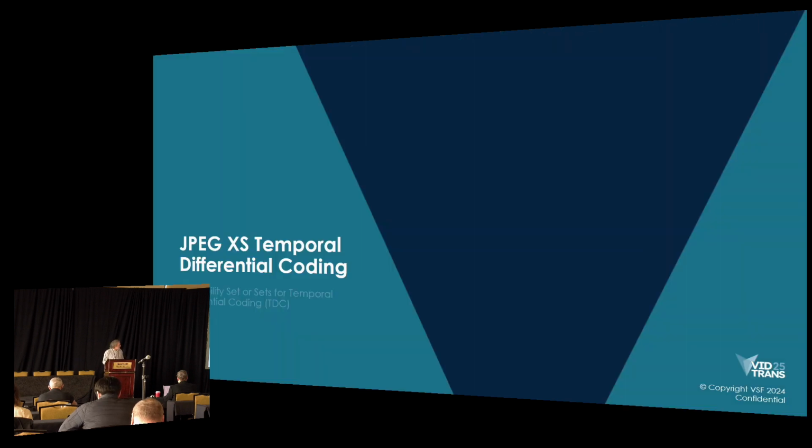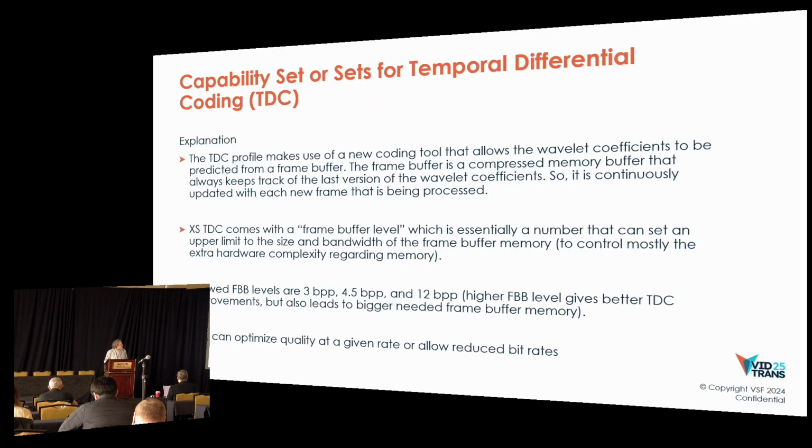So first piece of this, we'll just talk about the temporal differential coding. The main point here is that we want to add capability sets for temporal differential coding. Just wanted to explain briefly a little bit about TDC. This makes use of a new coding tool that allows the wavelet coefficients to be predicted from a frame buffer.